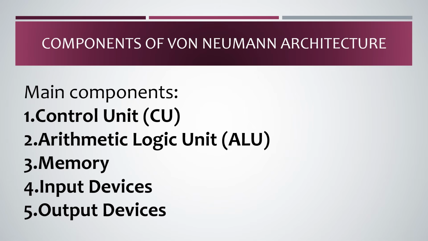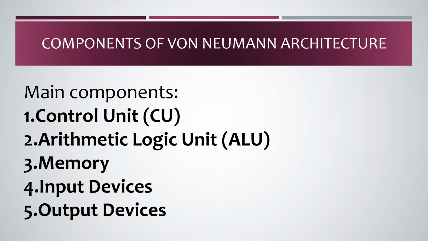So now let's talk about the components of the von Neumann architecture. The main components are the same, such as the control unit, which is part of the CPU. The next one, also part of the CPU, is the arithmetic logic unit, ALU.